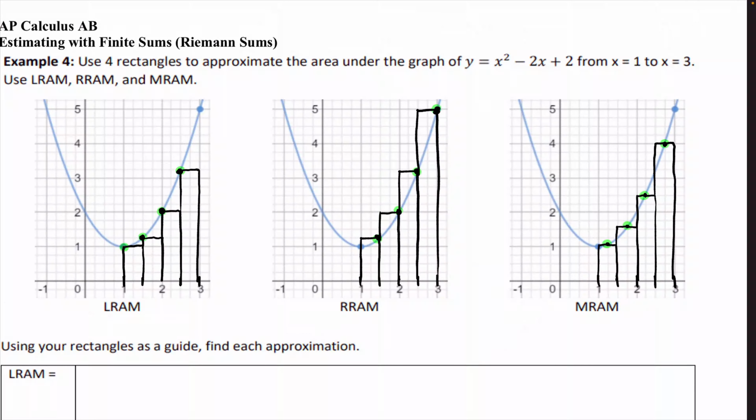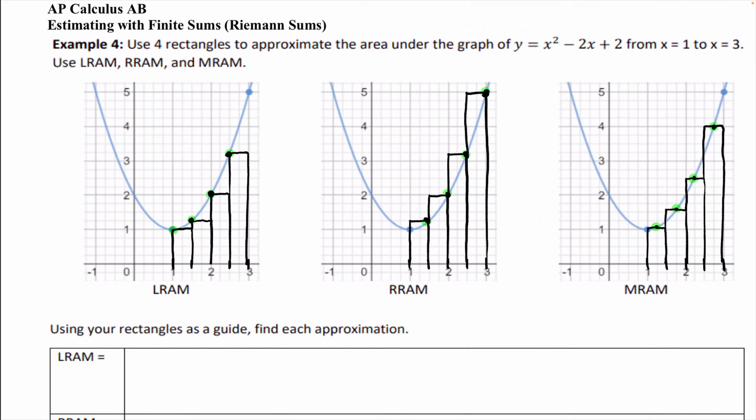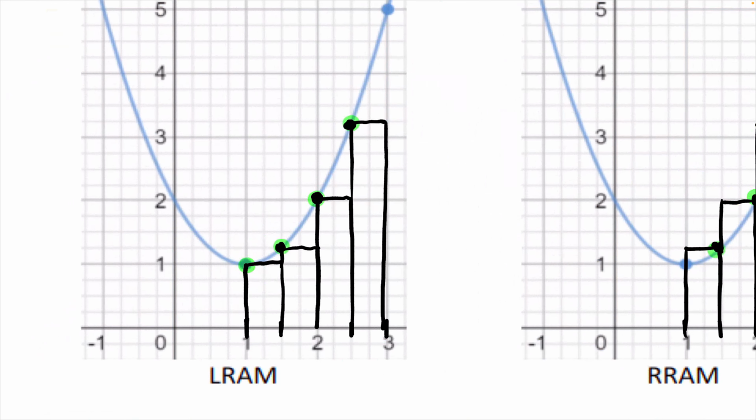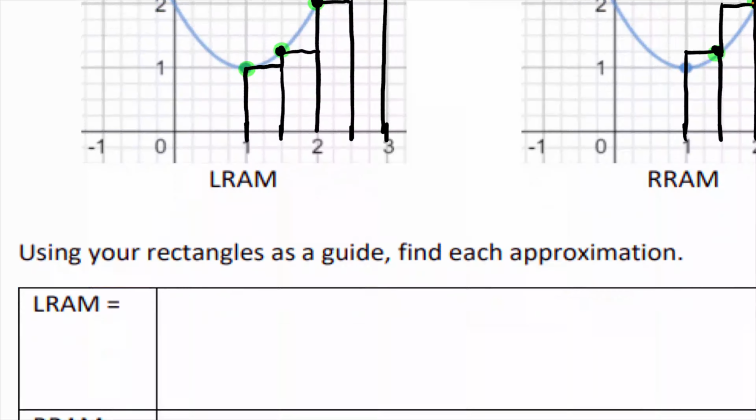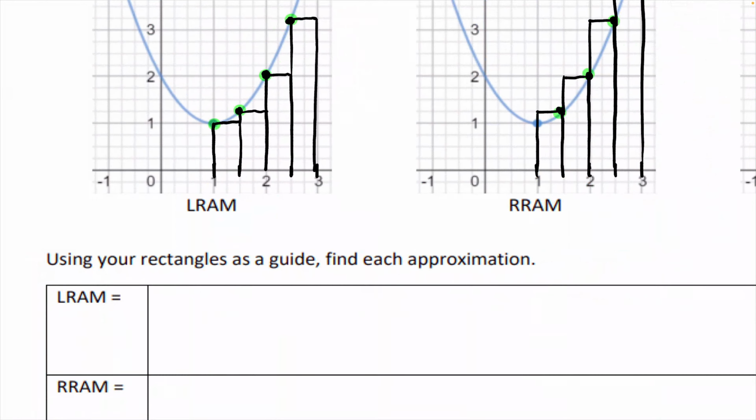So the next thing is to determine the area of each rectangle. Okay, so let's start with LRAM. How tall is the first rectangle? Each of them is going to be a half wide, right? So the first rectangle is 0.5 times 1 unit tall.